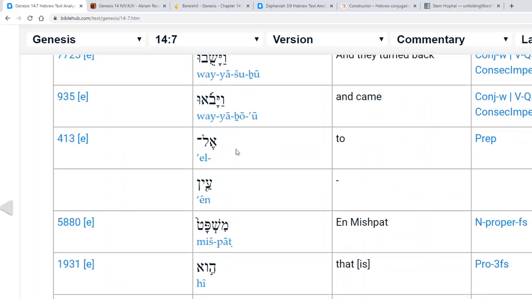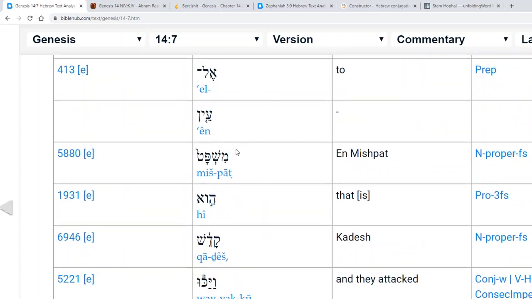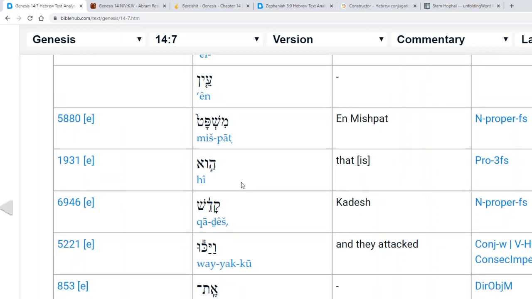El is the preposition with the aleph, not ayin. Ein mishpat, right? Yeah, this is very clearly the name means ein in Hebrew means spring, and mishpat means justice or law, right? So ein mishpat. It's the name, but it also has a meaning, which is pretty obvious.